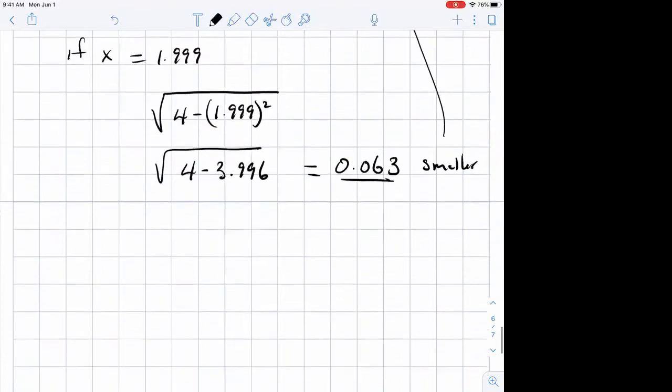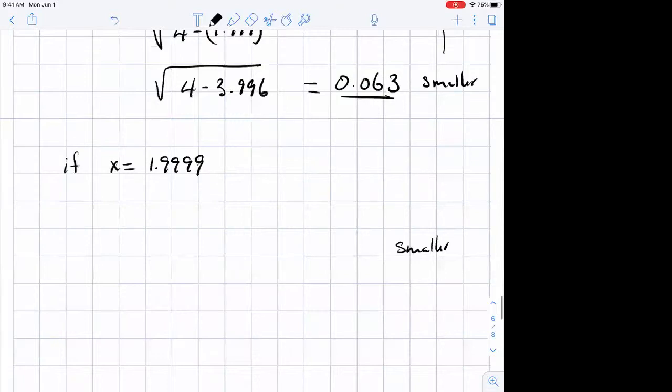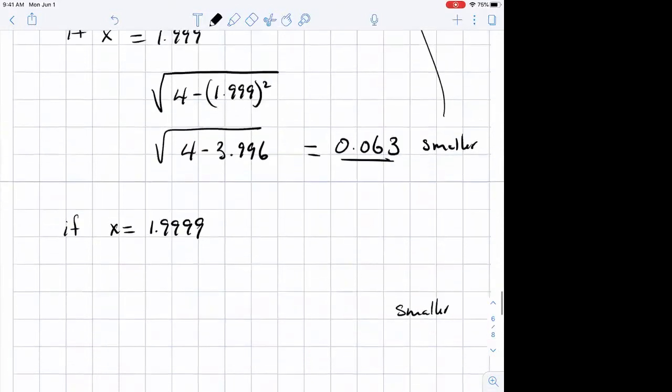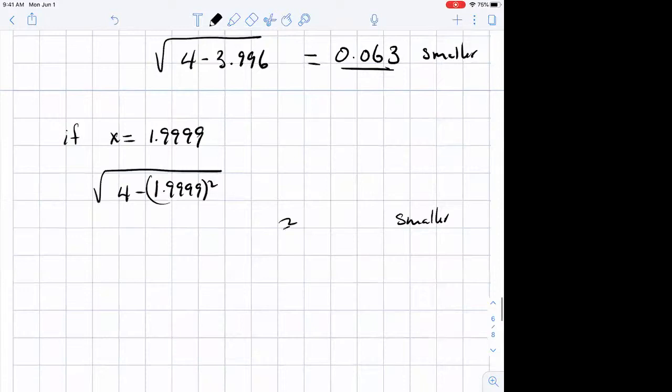You can even try another value. What do you think will happen if x is equal to 1.9999? It will get even smaller. Try 4 minus 1.9999 squared. You're going to see it's approximately 0, close to 0.